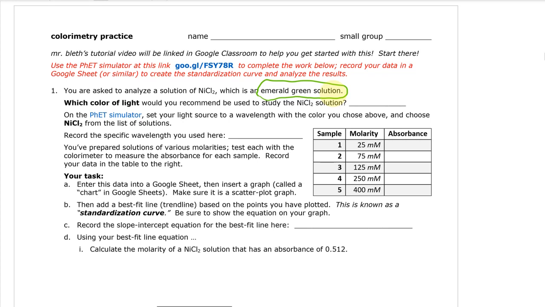Different solutions of various metals have a color that's related or certainly common to them. In this case, nickel is our metal. Nickel has a color that's almost always some kind of pretty cool green, for example. Coppers tend to be blue. As we look at others, you'll see some other colors that come along as well. Typically the color of a solution, when we're talking about salts like nickel chloride, is related to the chemistry of the metal.